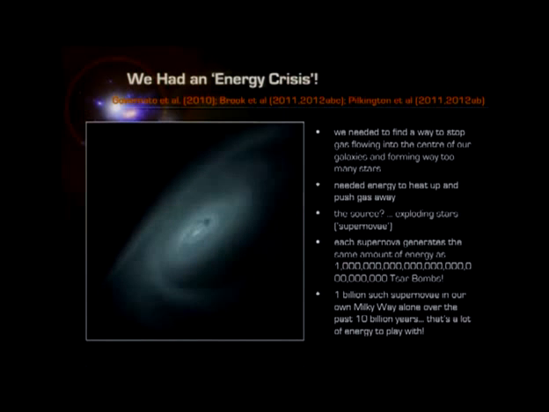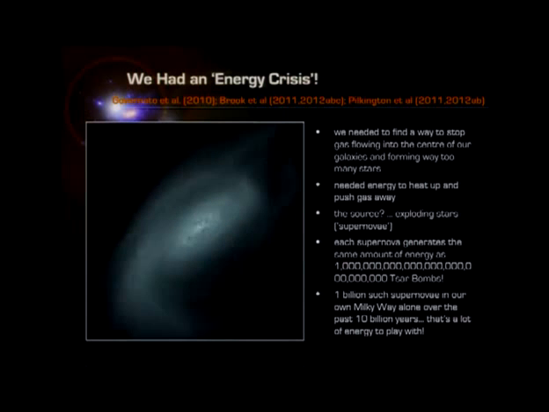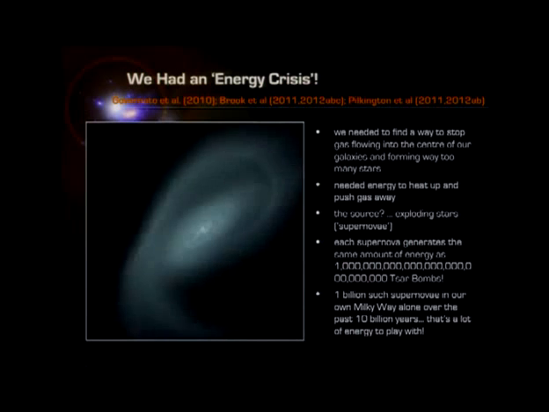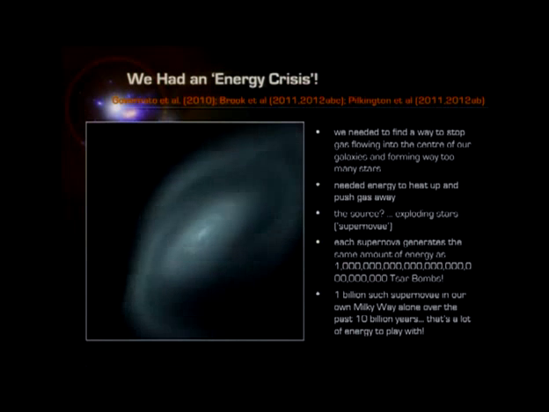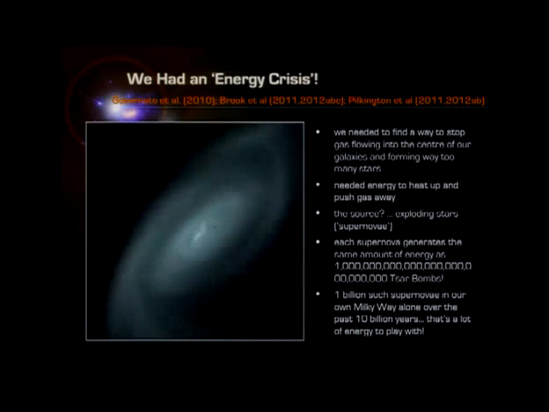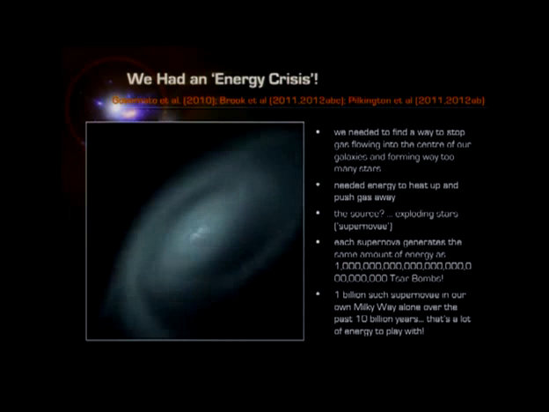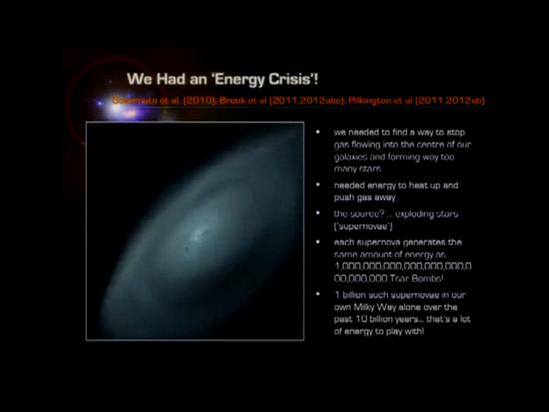Each supernova, to put it into context, puts in the same amount of energy as, well, if anyone knows, the most powerful nuclear weapon ever detonated. It's a 50 megaton blast called the Tsar Bomba. So if you took a billion of those, that would be the equivalent of one supernova.